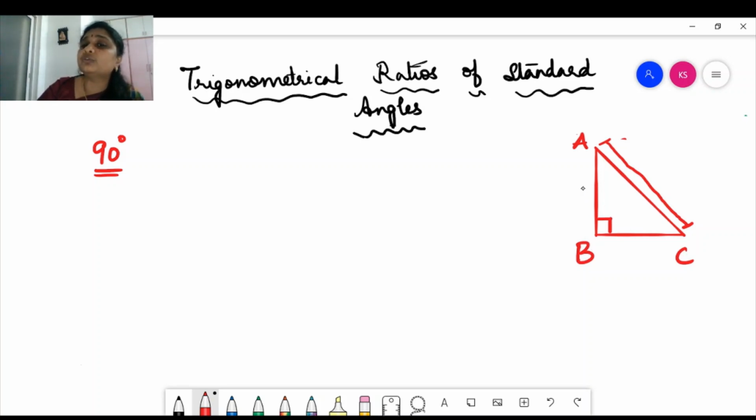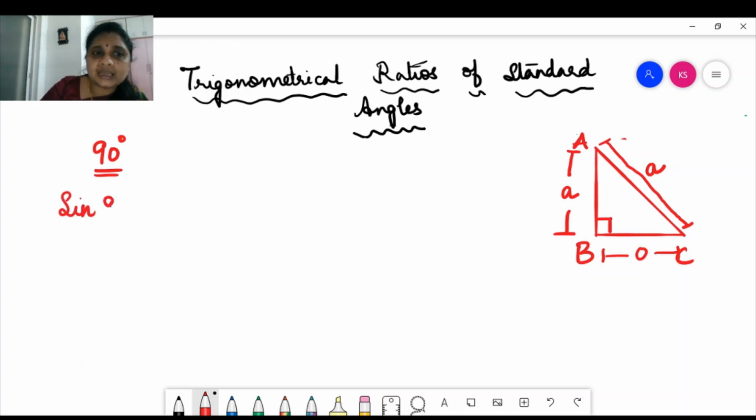Now here, for 90 degrees, the hypotenuse will coincide with this AB, that's the perpendicular. So if I take this to be a, the measure of AB will also be a. And what happens to the base? It becomes 0 because it vanishes, as these two coincide with each other. So with this information, let's quickly move on to the T ratio values.